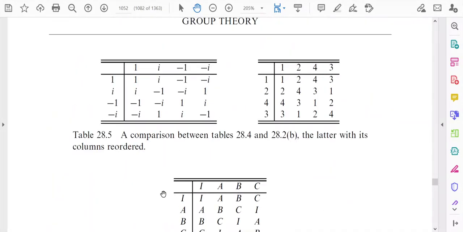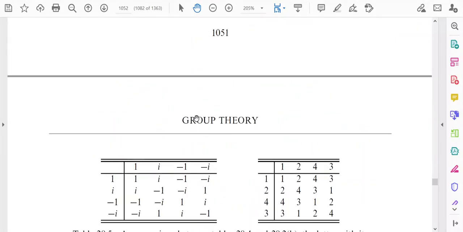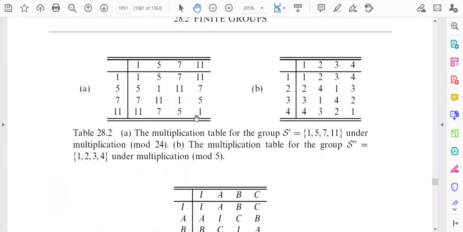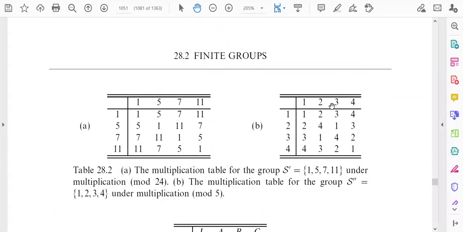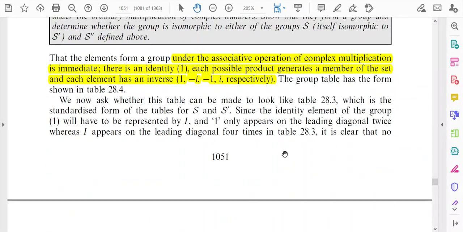Now, what we have discussed before, you see the table again, table 1 2 3 4, and here is also 1 2 3 4. So, identity element appears twice, but this header or the left side column can be rearranged like this.